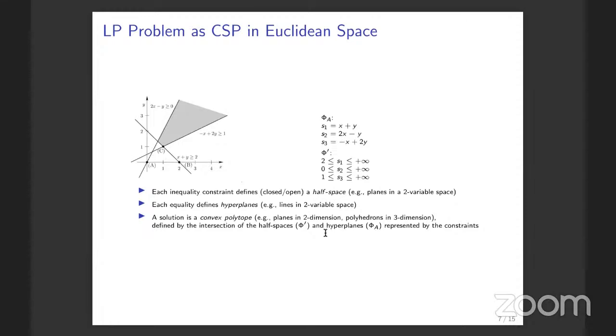The entire space of the solution is the intersection of the half spaces defined by the inequalities and the hyperplanes, which are lines in this case. That is the shaded region here.